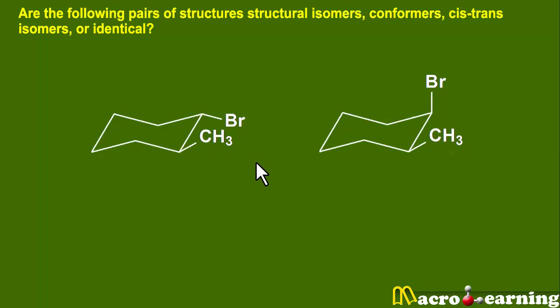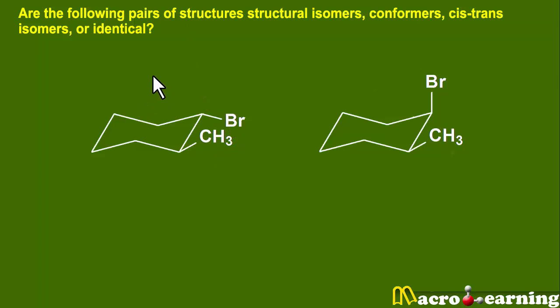Okay, so this pair of structures, to me, they look like cis-trans isomers, because if you look at this structure, these two substituents are in different positions relative to the ring. One is below the ring, the other is above the ring.